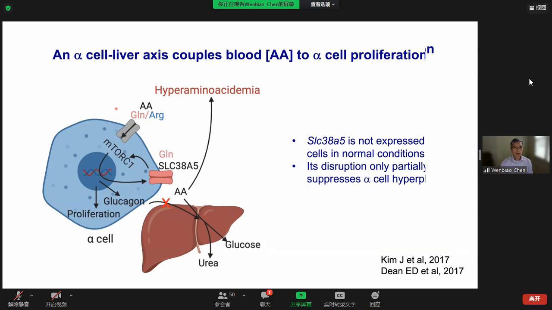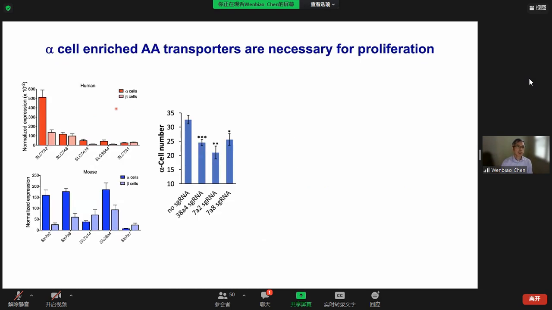So we looked into the database, and we identified 3 amino acid transporters that are highly preferentially expressed in the alpha cells.